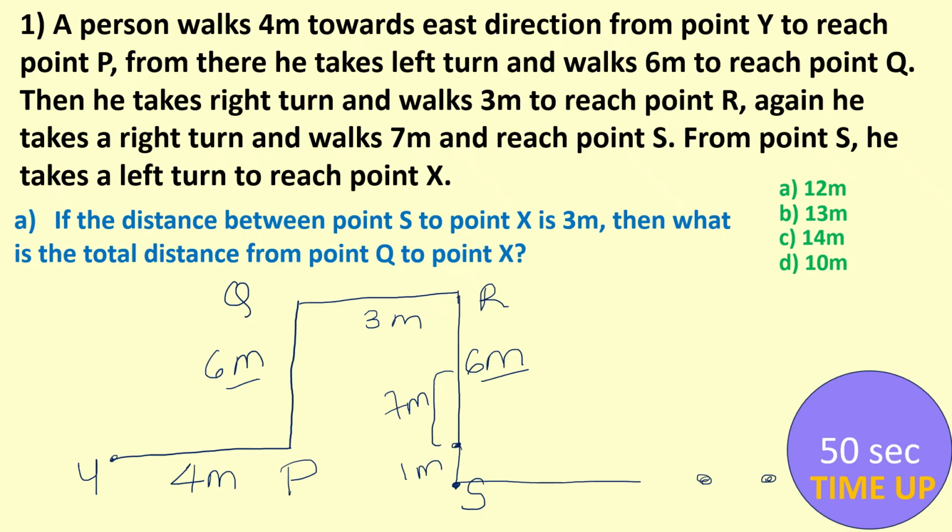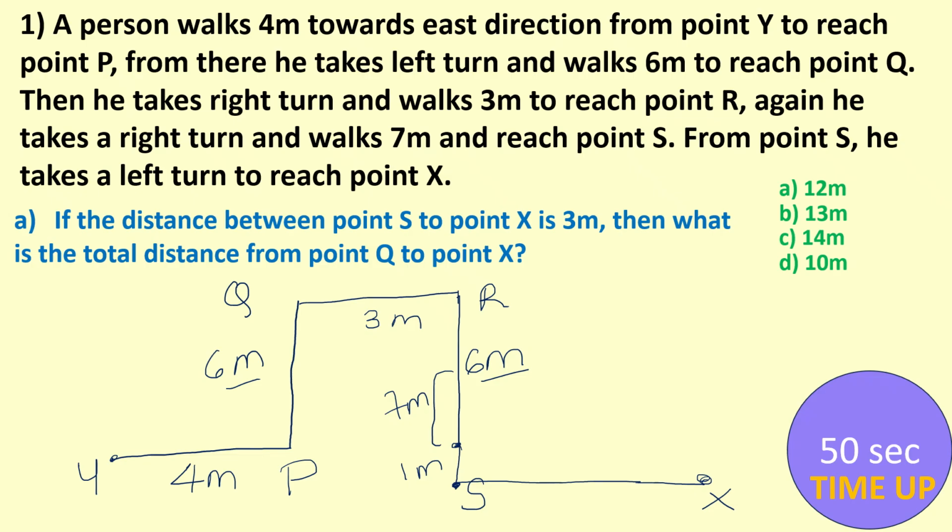It can be anywhere, correct? So I'll just take till here. Understood? They have not mentioned the distance between point S and X, so you can take X anywhere. I'll take till here.